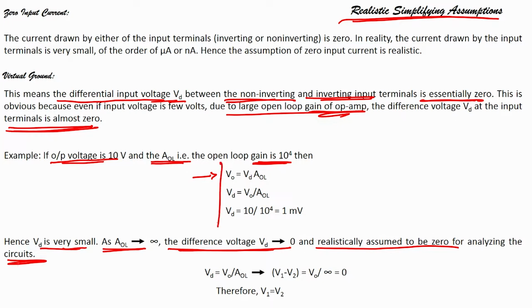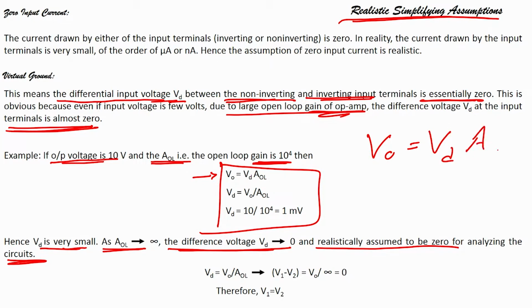So, if I have this particular equation, which is very easy to understand, that the output voltage is nothing but the difference of the input voltage Vd into open loop gain AOL, right. So, if I want to have Vd, then Vd is nothing but VO divided by AOL.